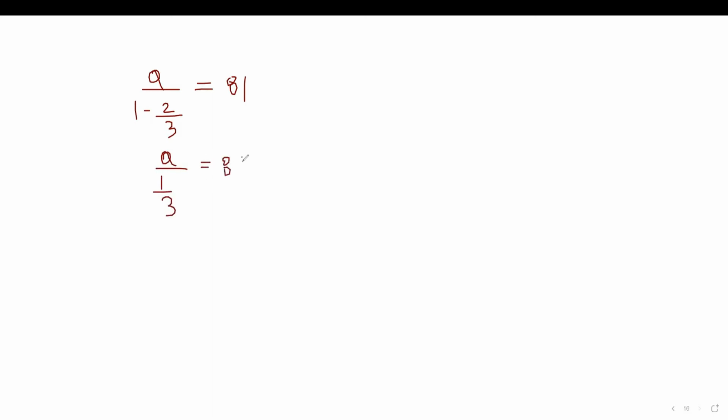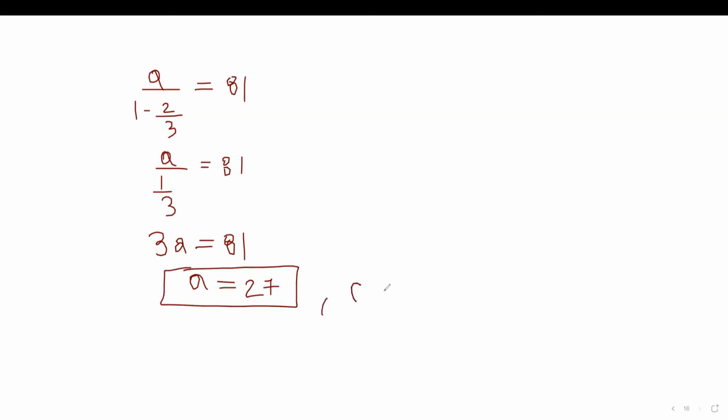But anything divided by a fraction, you can just flip it to get 3A is 81. And so A equals 27. That's the first term. So we can tell them A equals 27 and R equals 2 over 3. This wasn't too bad, right?